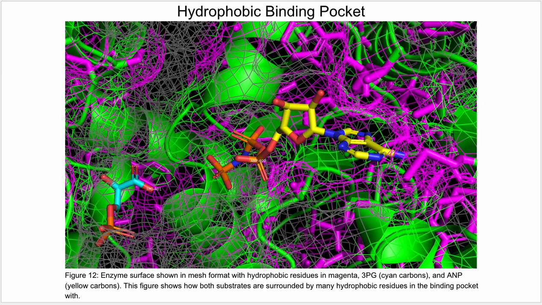This is reinforced by the fact that both 3PG and ANP are occluded within the binding pocket and are enclosed by a lot of hydrophobic residues, especially, which is the case for ANP. Actually, in fact, ANP is surrounded by many more hydrophobic residues than 3PG.